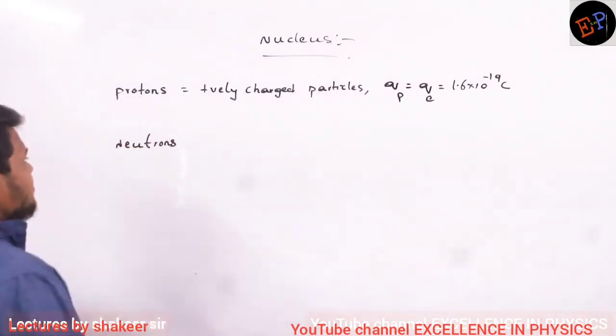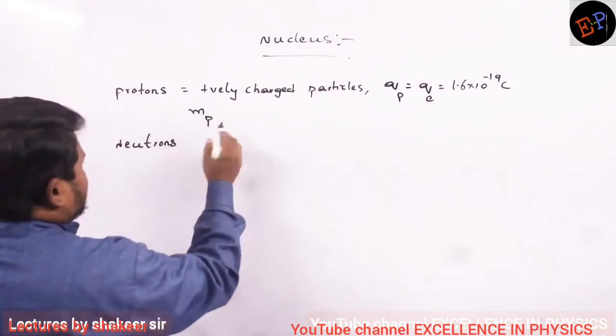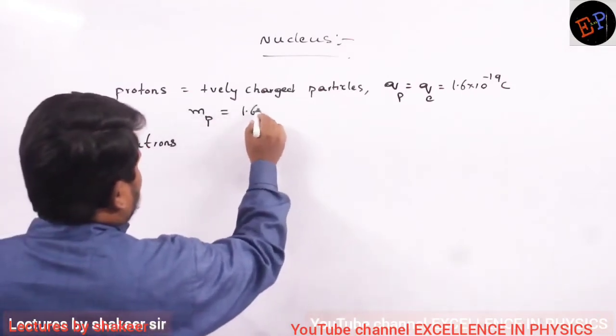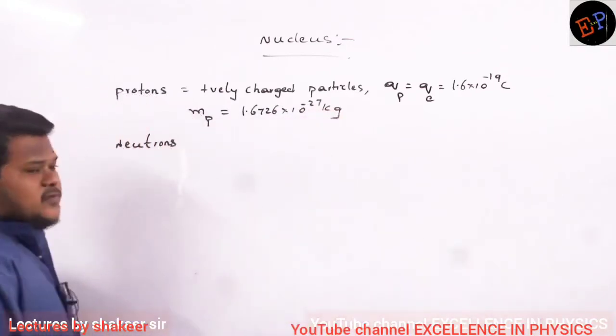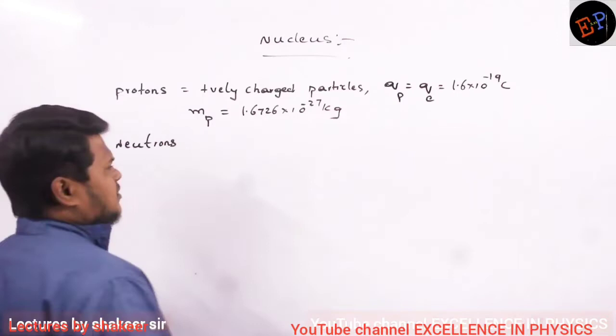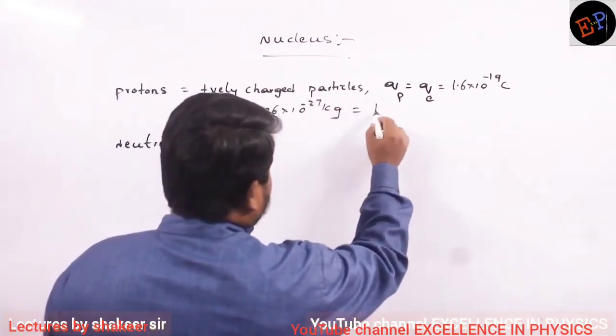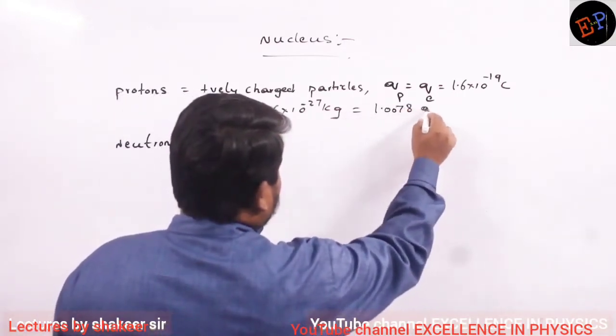Similarly, what is the mass of a proton? Mass of proton is 1.6726 into 10 power minus 27 kg. In atomic mass units, it is approximately 1.0078 atomic mass units.